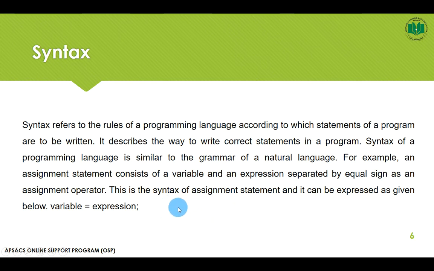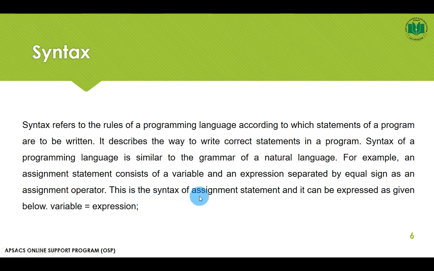This is the rule of mathematics. In the same way, there are some rules of programming which we are going to use while programming in the computer system.